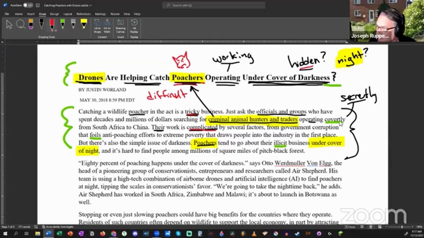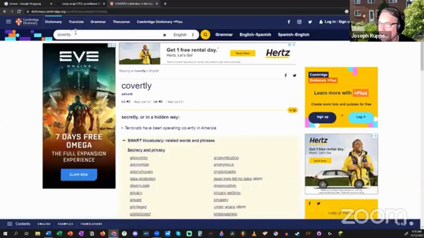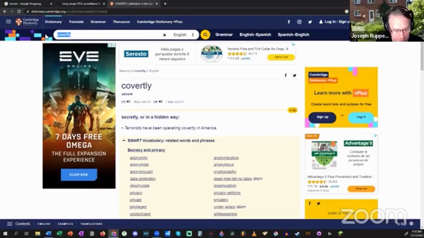Oh, I'm sorry. I want my covertly. Yeah, no, that's good. Oh, foils. That was the other word I wanted. Okay, so the work of the officials and groups is made difficult by several factors, several reasons, several elements, from government corruption that foils anti-poaching efforts to extreme poverty that draws people into the industry in the first place. Okay, foils. I'm interested in the word foils.